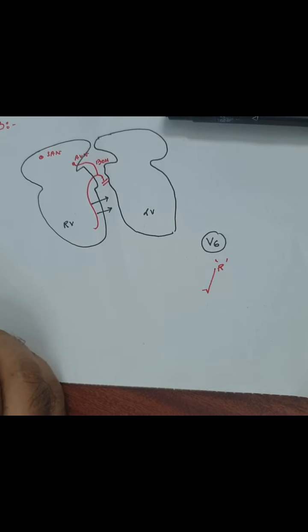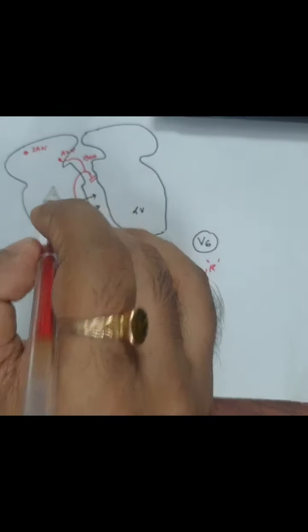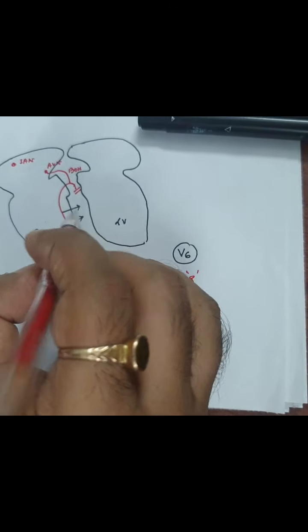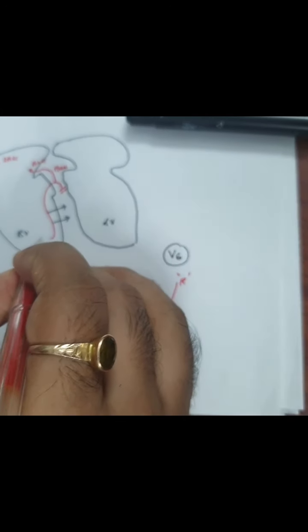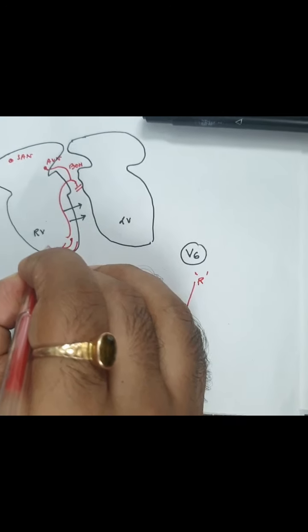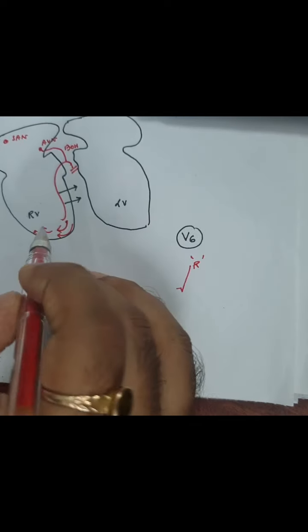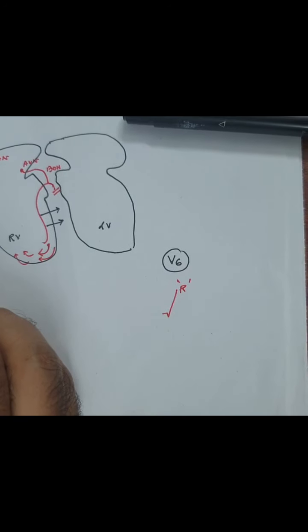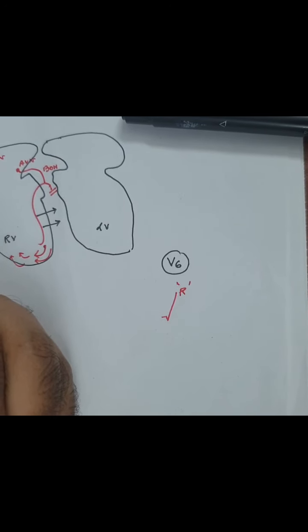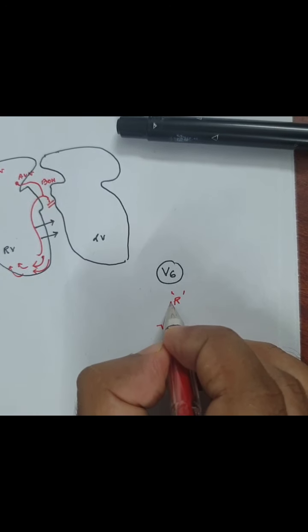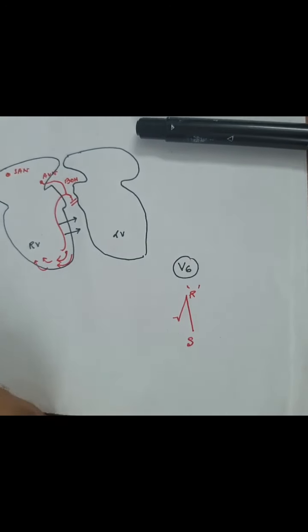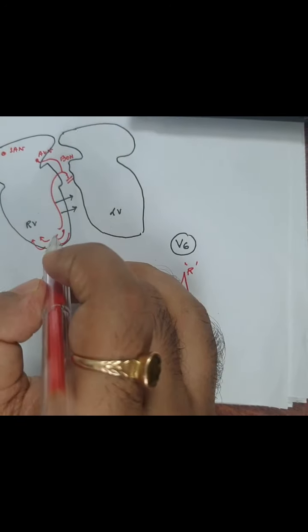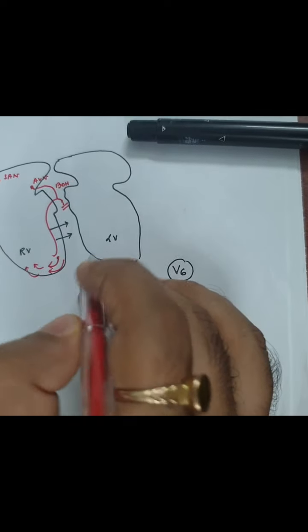Step number 2. Now the right ventricle is depolarized before the left ventricle, because the right bundle branch is intact here, so the excitation waves pass from the right bundle branch to the right ventricular muscles, and thereby the V1 lead will show a positive deflection of the R wave, and the left ventricle will show a negative deflection of the S wave. Now step number 3. At this step, the left ventricle is then depolarized.